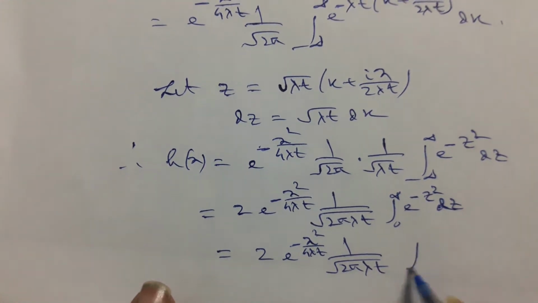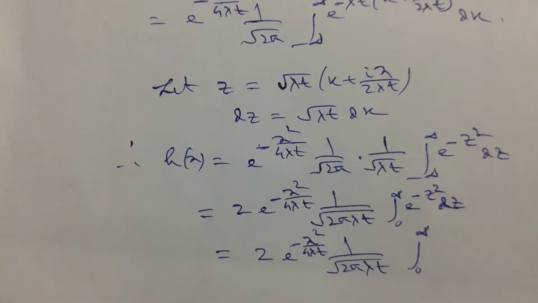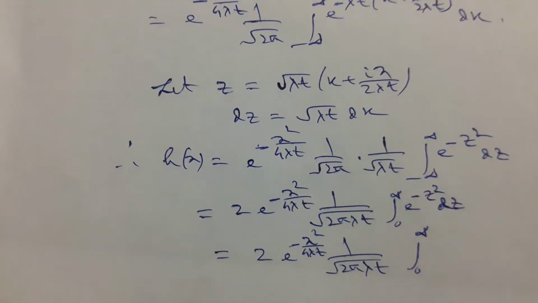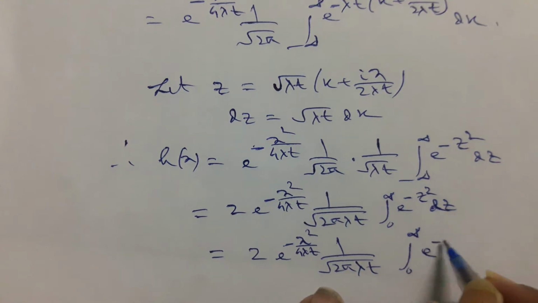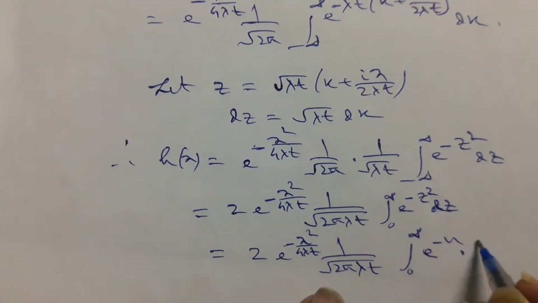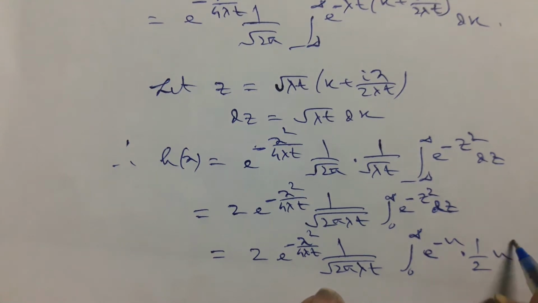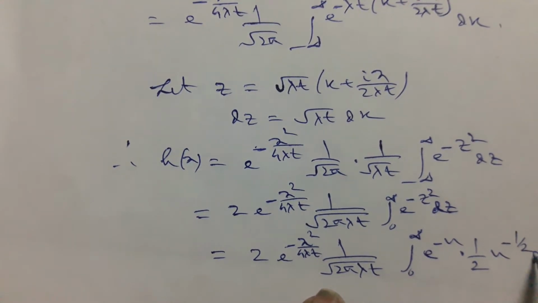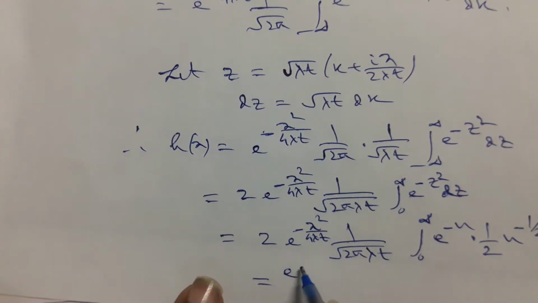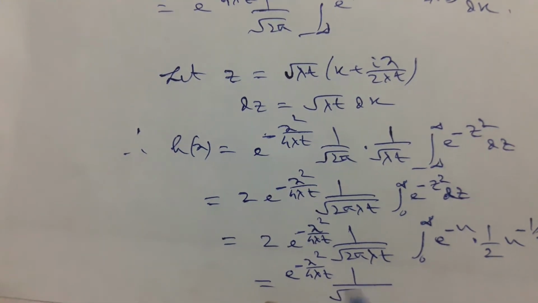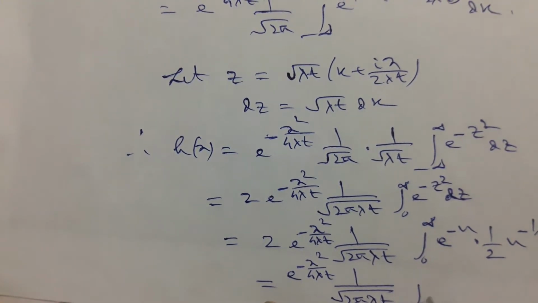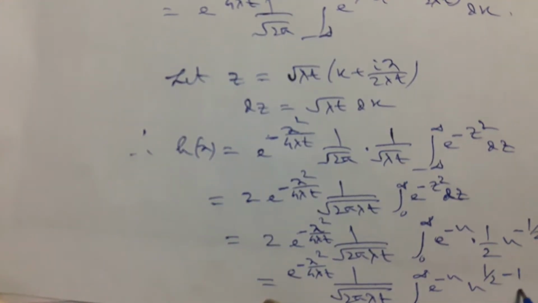Here, from 0 to infinity, if we substitute another variable u, then we get e to the power minus u and half of u to the power minus half du. So the 2 will be cancelled, giving the integral from 0 to infinity of e to the power minus u, u to the power half minus 1 du.